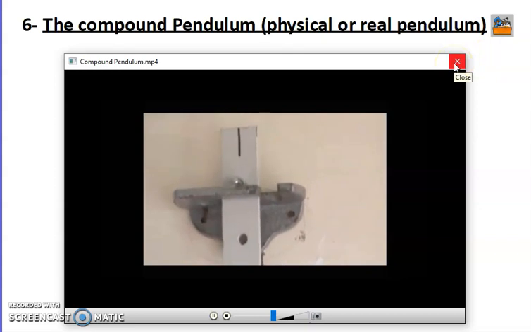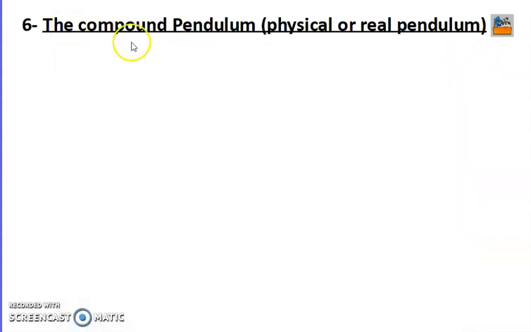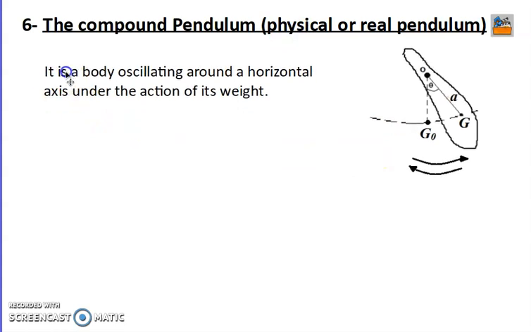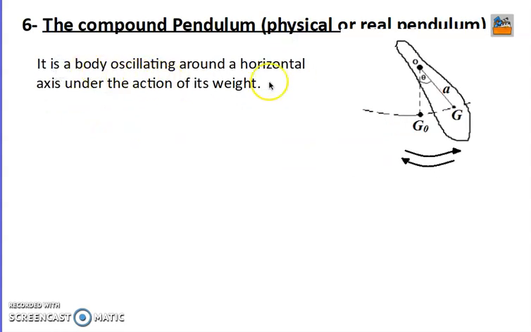But the compound pendulum not only necessarily be a bar, clear? It could be any physical object, could be a disc, triangle, any shape. Okay? So here it is. It is a body oscillating around a horizontal axis under the action of its weight only. Clear?